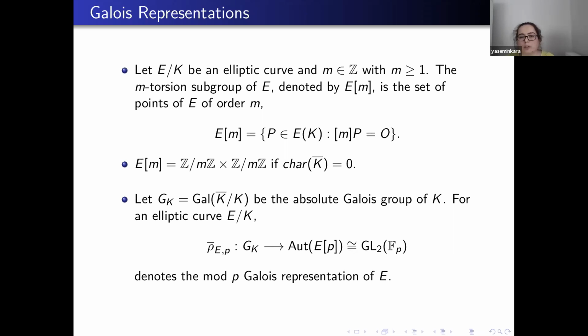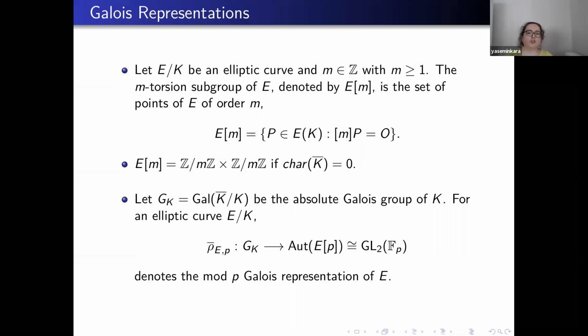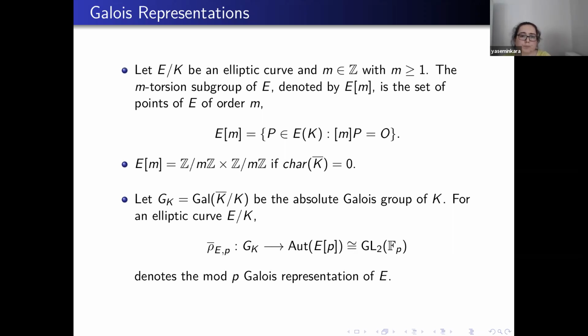we denote the absolute Galois group of K. And this absolute Galois group actually has an action on the p-torsion subgroup of E. So you obtain a representation from this absolute Galois group to automorphisms of these p-torsion points.